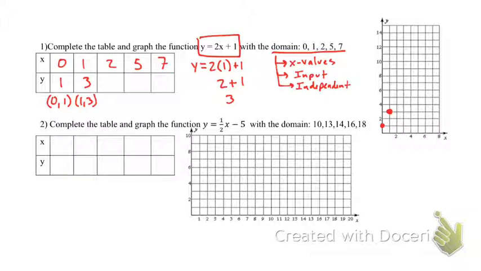Now we're just going to repeat with the next x value. So my next x value, as you can see on our table, is 2. 2 times 2 is 4. 4 plus 1 is 5. So now we have 2, 5. We can now plot that point.